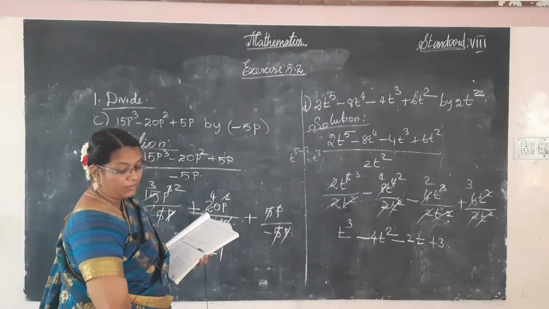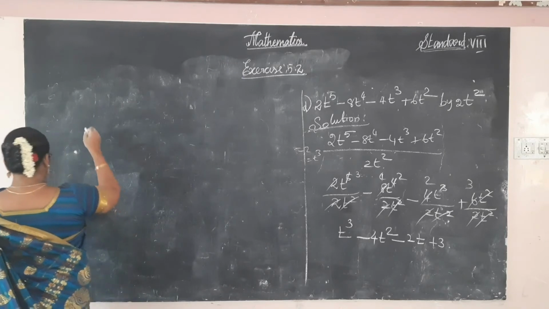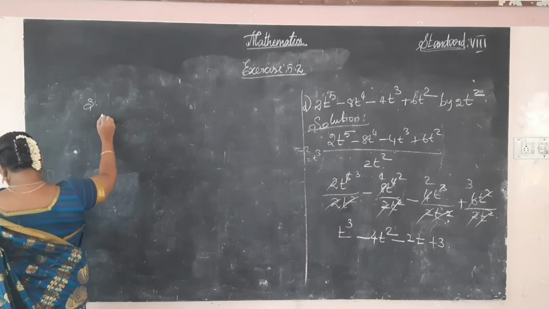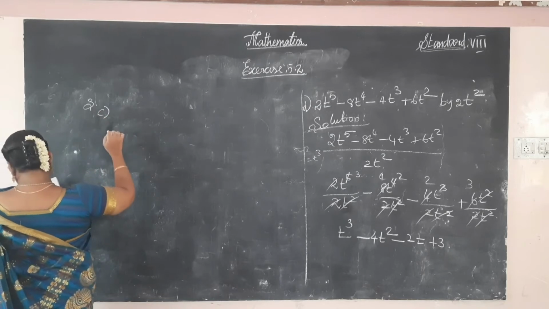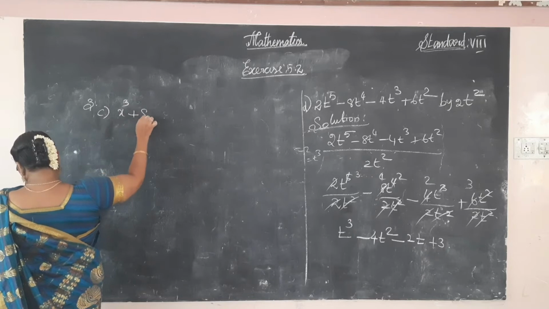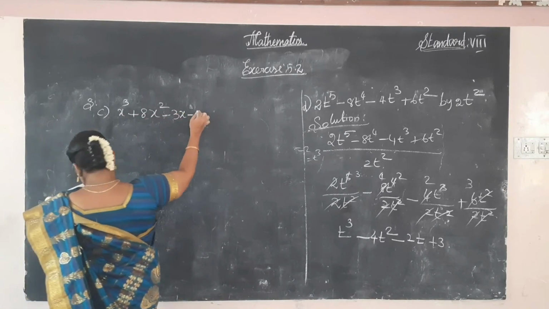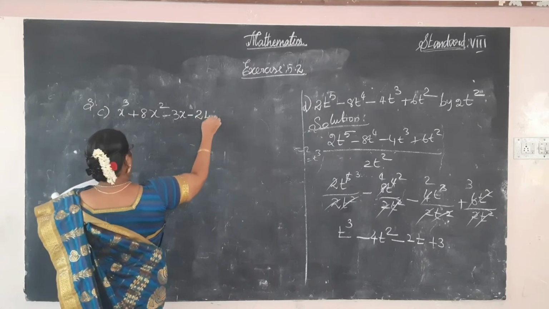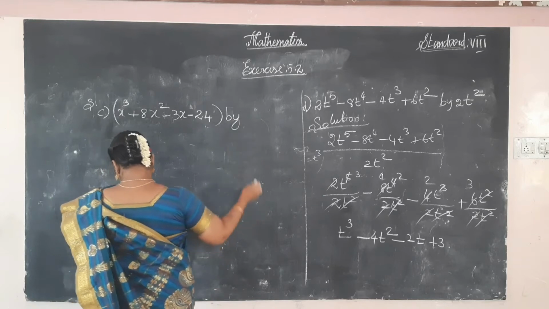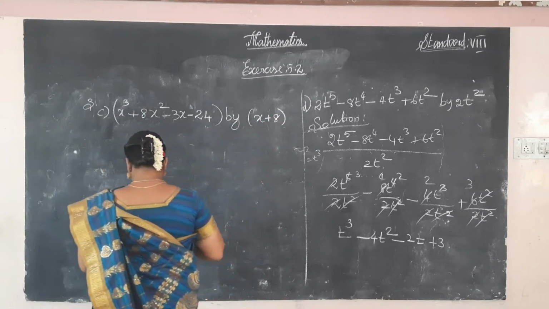Divide by long division method. C problem, first two are homework. C problem: x power 3 plus 8x square minus 3x minus 24 by x plus 8.